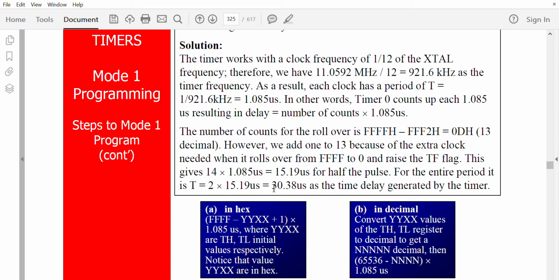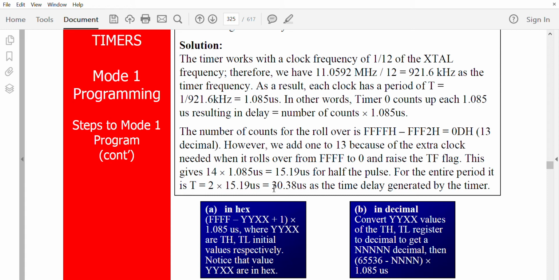That into 1.085 microsecond. How do you get 1.085 microsecond? It is the crystal frequency divided by 12. You get a frequency, and 1 by that frequency is your time.